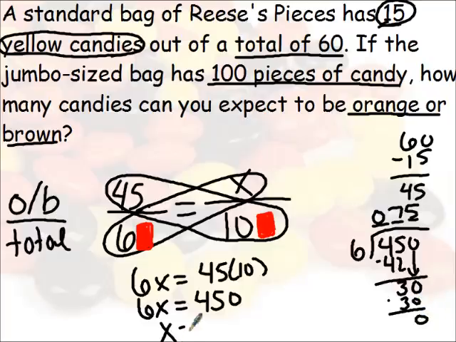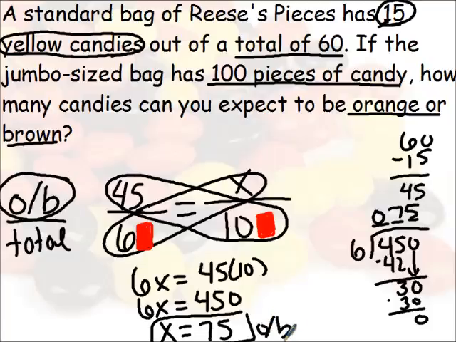So x is equal to 75. What does x represent? X represents orange or brown candies. There will be 75 orange or brown candies in a bag of 100 Reese's Pieces candies. That is what we can expect.